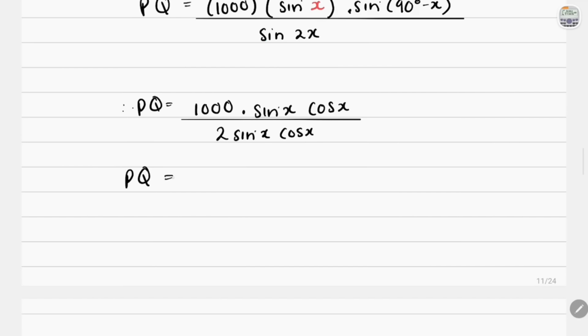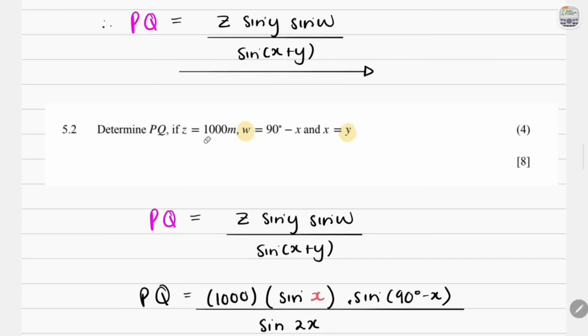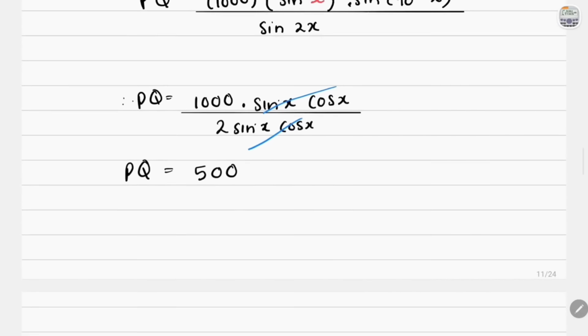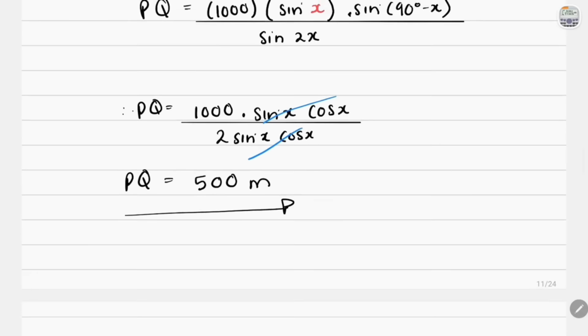And so PQ is equal to, you see how these would cancel because they're exactly the same. So 1000 divided by 2, which is 500. And we saw that Z was in meters. So PQ is a length. So it's also in meters. And that is our answer.